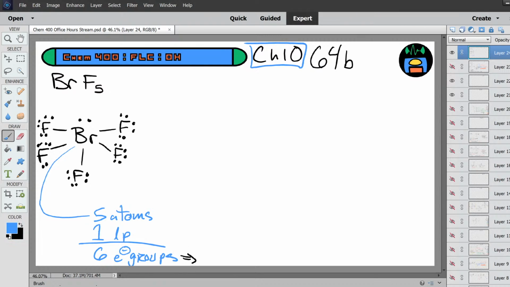Which means that 6 groups means that we have a sp3d2 hybridization. It also means that we are square pyramidal. Now, it's an octahedral electronic geometry, and there are 2 ways to draw octahedra.